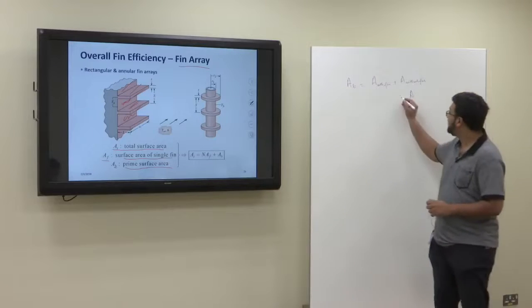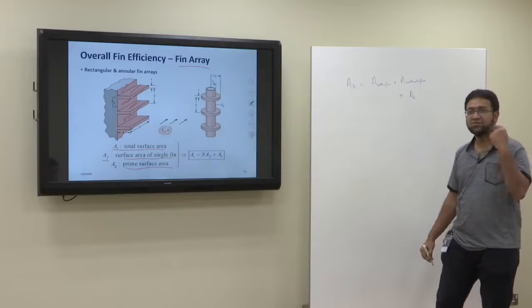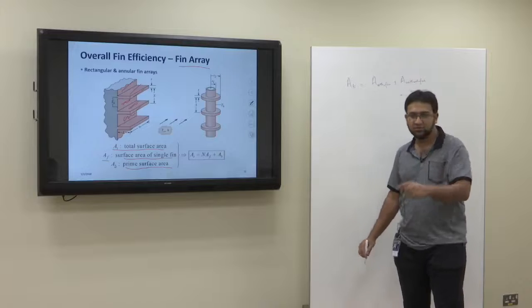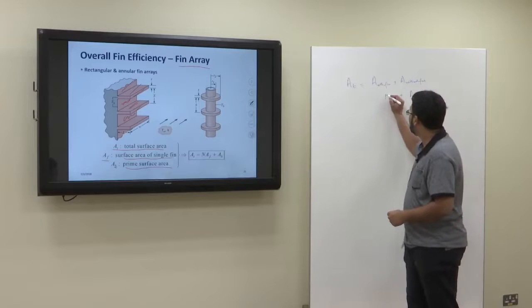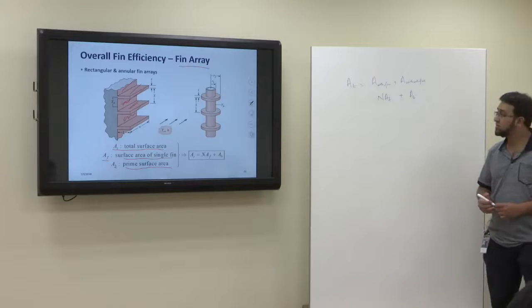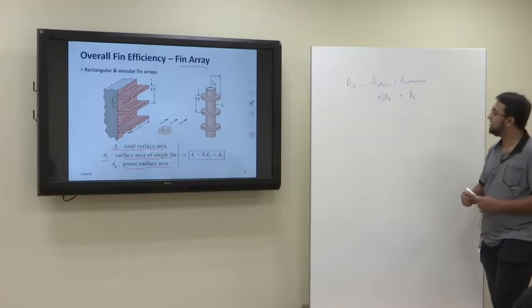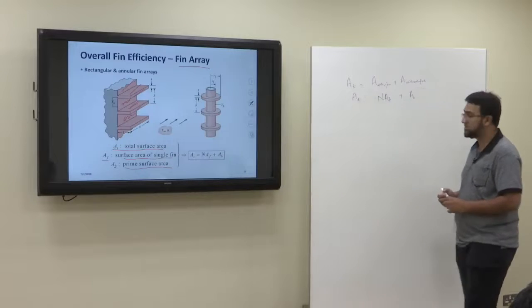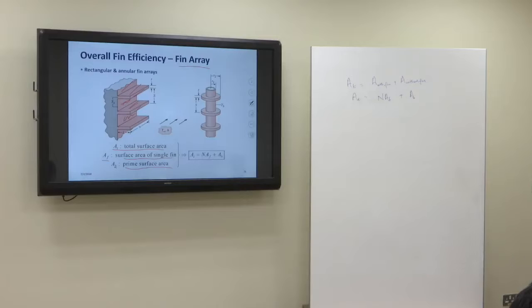With fins, I have the surface area of one fin, AF, multiplied by the number of fins, N. So we get this main formula: total surface area is equal to the number of fins multiplied by the surface area of one fin, plus the base area.